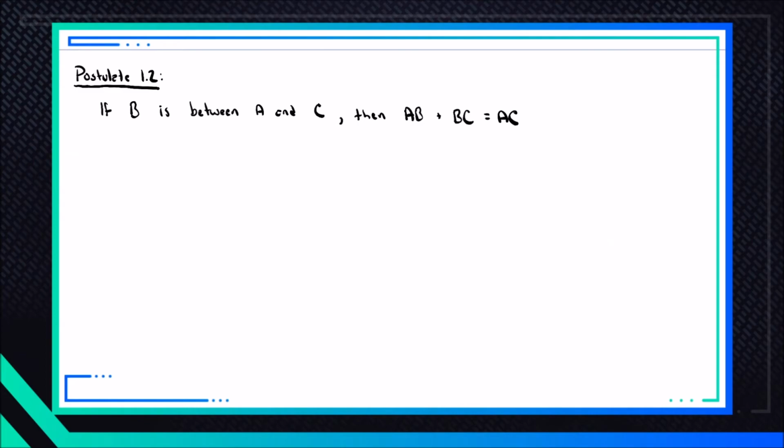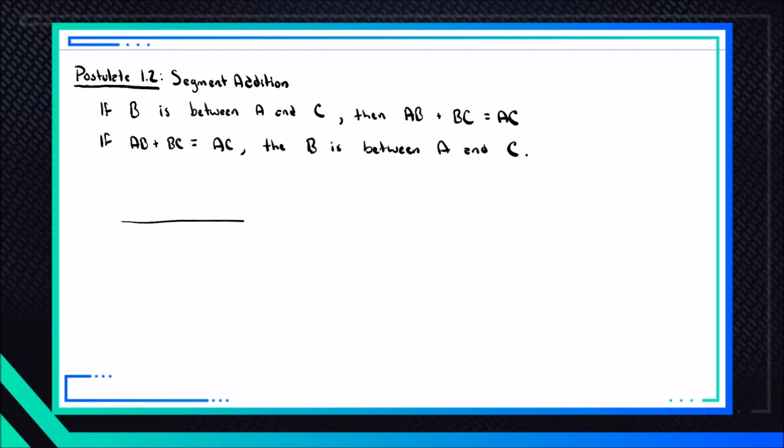And so this postulate is going to be called the segment addition postulate. And likewise, if AB plus BC equals AC, then B is between A and C.